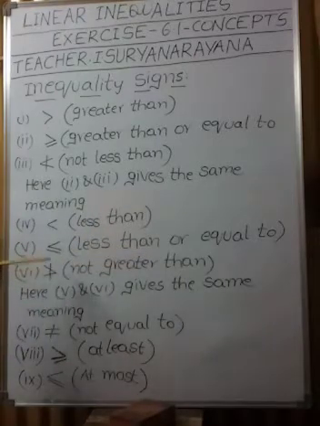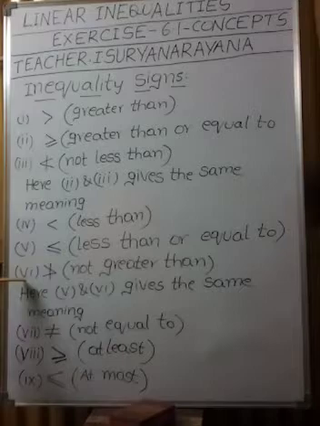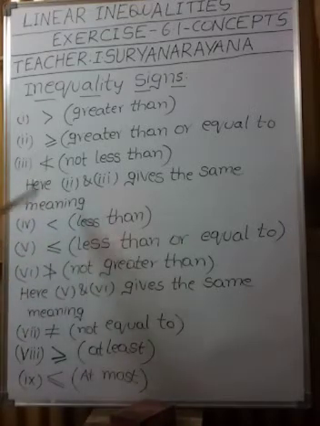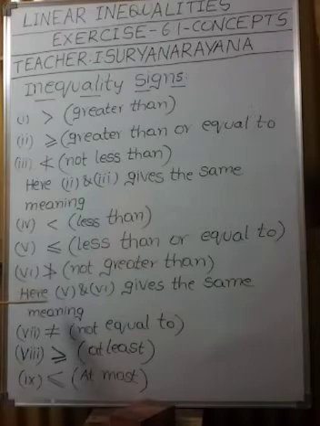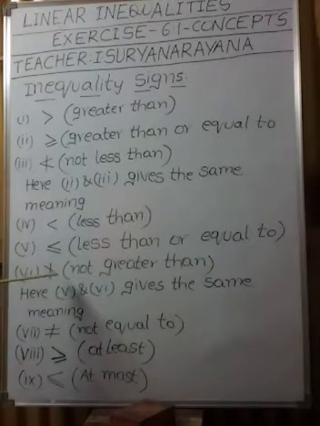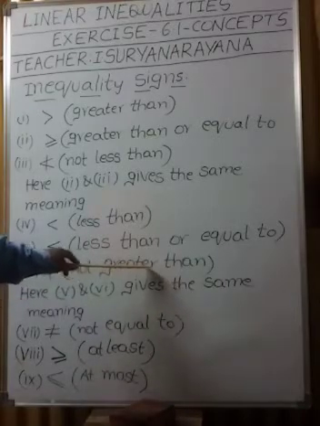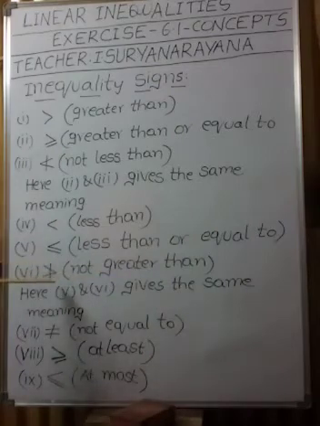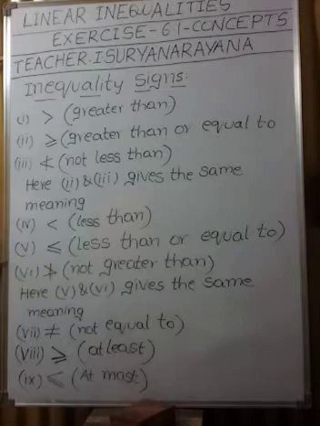Now come to the sixth inequality sign. See here, greater than symbol and it is struck out. So it is called not greater than. Here, fifth one and sixth one denote the same inequality sign, giving the same meaning.